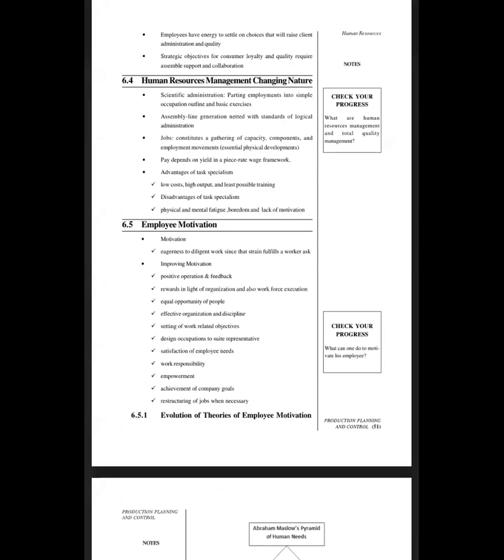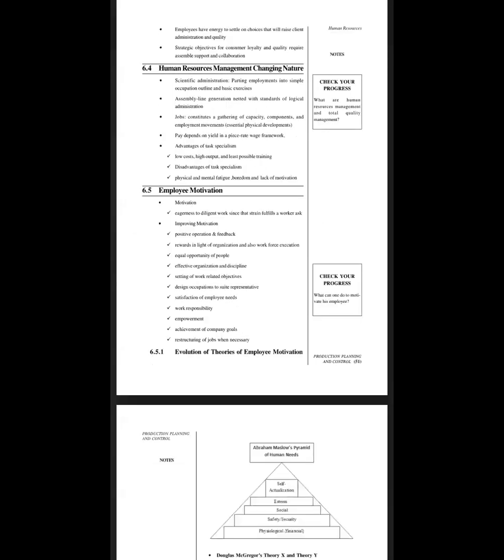Then the next one is human resources and the changing nature of management. Advantages of task specialism. Employee motivation plays an important role over here for positive operation and feedback. Motivation is required to increase the morale of the employee, and it is also important to have a good and effective workplace.